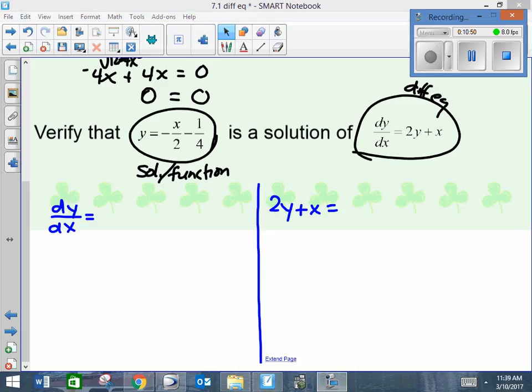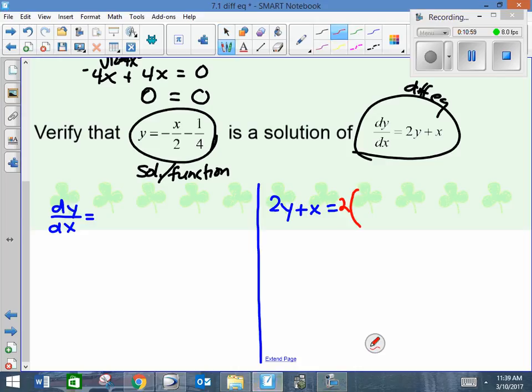I'll want a volunteer to do that side if you want to do it. You want to check. Yeah. Negative x over 2. That's negative 1/2 x.